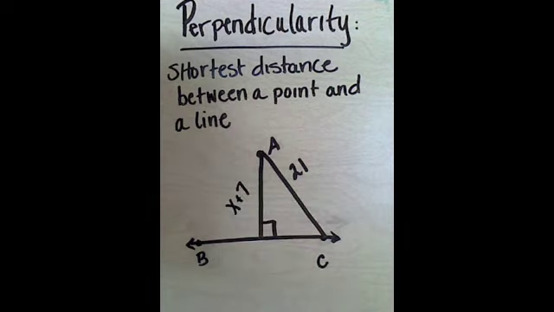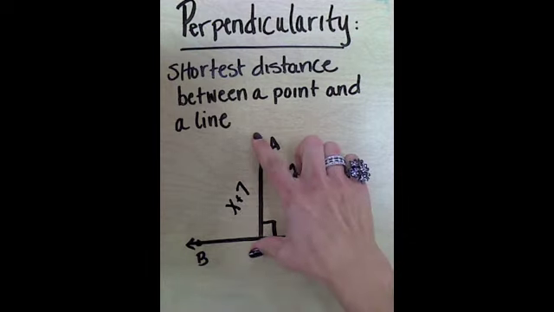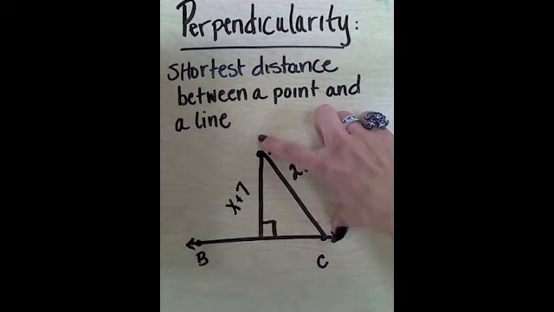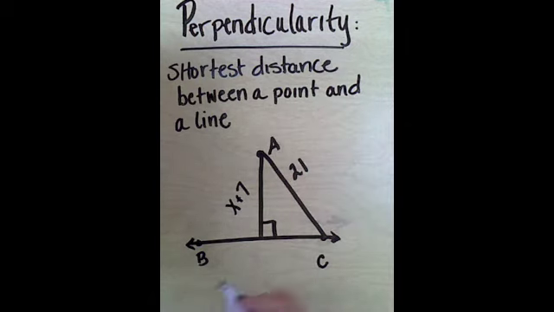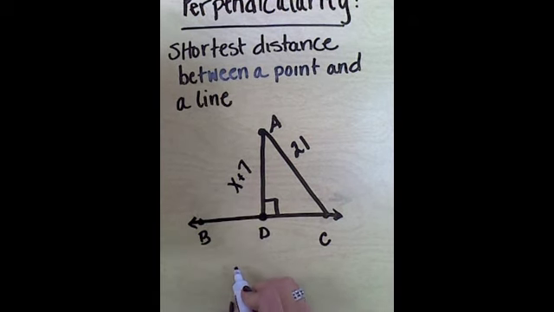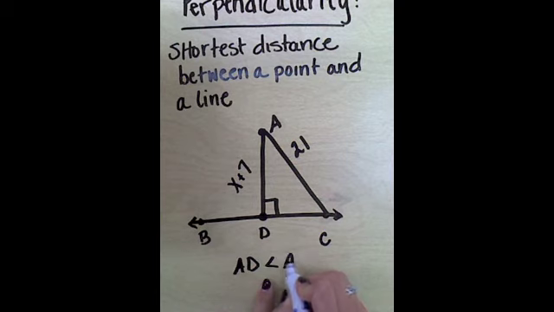So when we talk about perpendicularity, we are going to look at what's called an inequality. We know this is the shortest distance from A to the line. This guy has to be bigger. So we're going to write an inequality that states, let's make this D now, that AD has to be less than AC. Again, shortest distance, so it has to be smaller than AC.